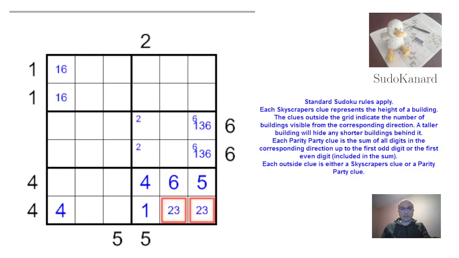Here we have a 2-3 pair. 6 can't be here, so 6 is here, and that's a 5. And here we must, so we see the 4, we see the 6, we must see only 2 buildings here, so 1 is hidden, but 2 is the first, because 3 would hide all other digits, and here we have a 1-3 pair, and that's a 3-5 pair.